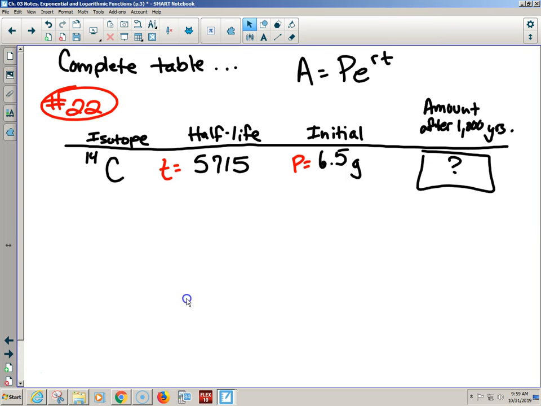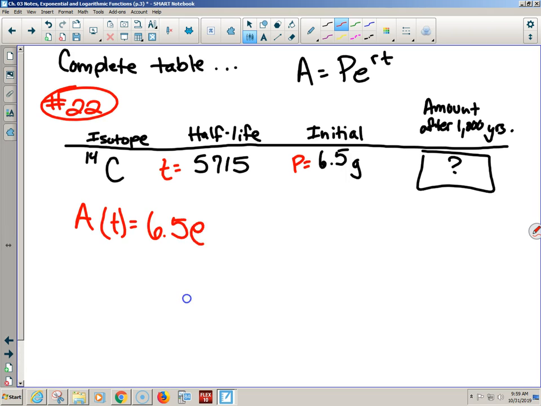Huh. What do we plug in? Amount of the isotope. Sure, why not? Equals 6.5 initial, e to the... I really want R, but I don't have it. I'm not plugging anything in yet because I'm setting up my general equation. But I want my R, so what am I going to go doing? Plugging in and looking for it. Good.